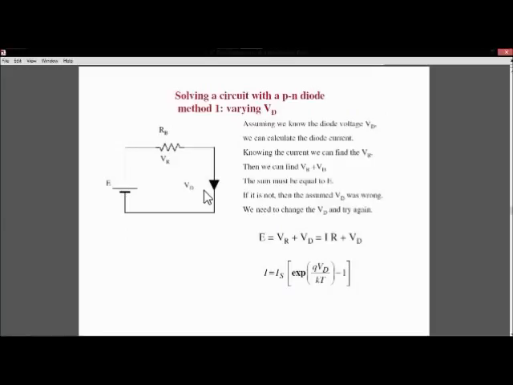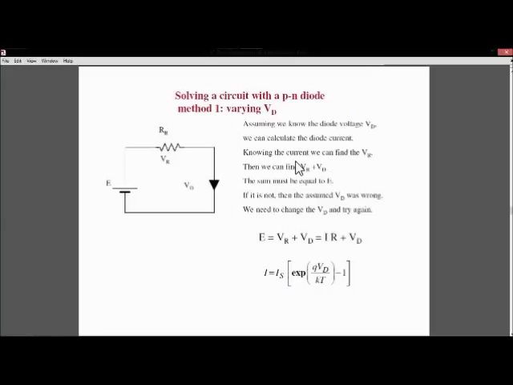Now here is one interesting part for you, that is, how to solve a circuit with a p-n diode. There are two methods. The first is by varying VD. Assume we have a diode voltage of VD, we can calculate the diode current also.